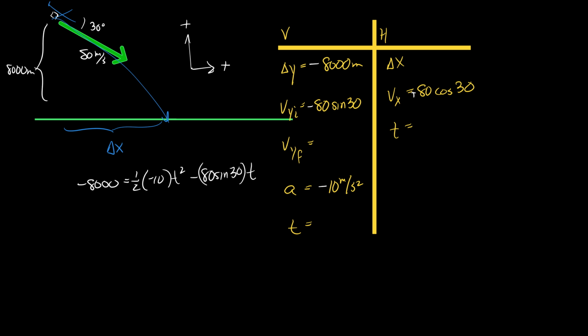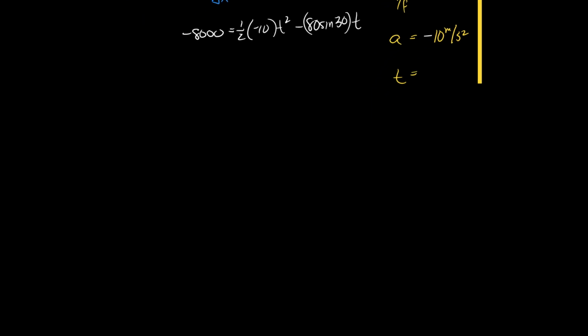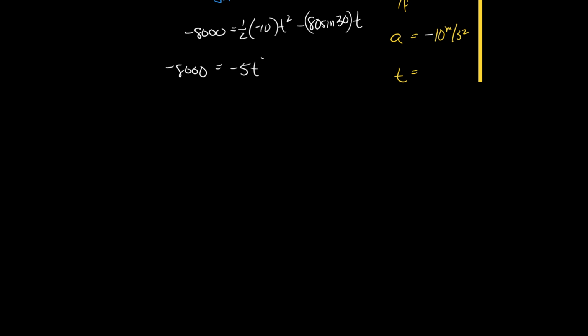There's no shortcut here unless you want to plug it into your calculator. You just got to do the work. So negative 8,000 equals negative 5 t squared. Sine of 30 is 1/2 and 80 times 1/2 is 40. So minus 40 t. Let's see, 0 equals negative 5 t squared minus 40 t plus 8,000.